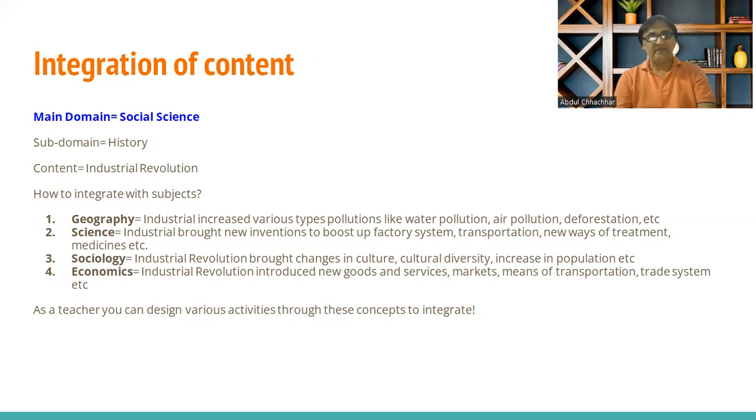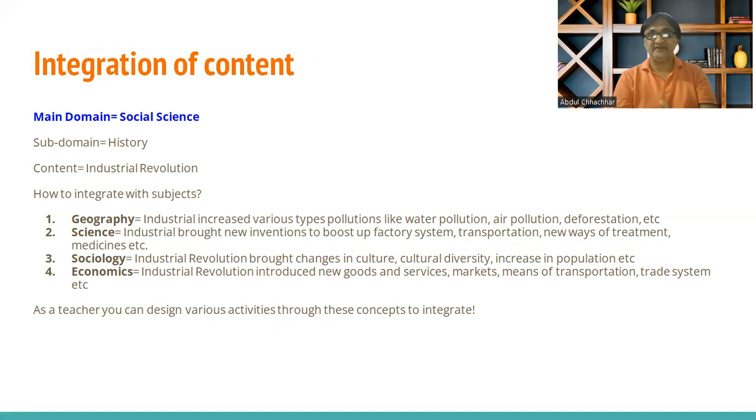The industrial revolution increased various types of pollution, like water pollution, air pollution, and deforestation. So as a teacher, you can design an activity and create a learning atmosphere to teach or correlate this concept. You have to use valuable and full resources, such as videos, let the students watch, and let the students reflect. You are designing a worksheet or questions where the students must investigate their response.